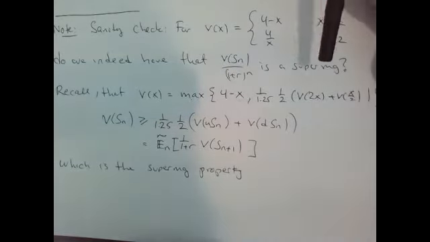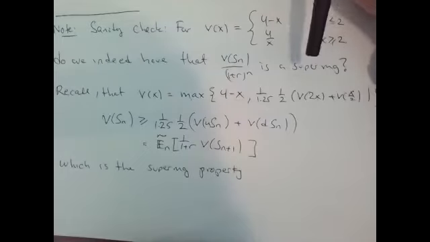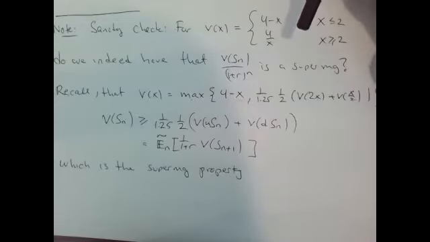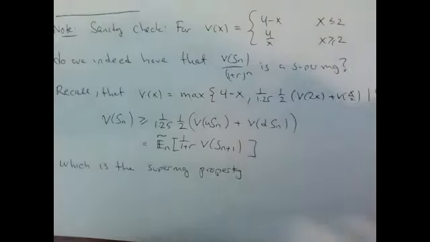So, because you're close, you're saying that something fails with this 4 minus x, and I agree. What is it that fails with this 4 minus x? It's not the super martingale property that fails. What is it that fails at that point?